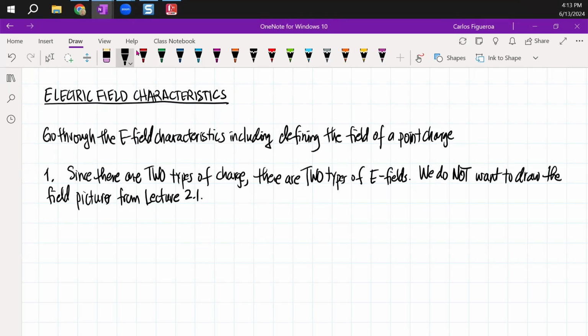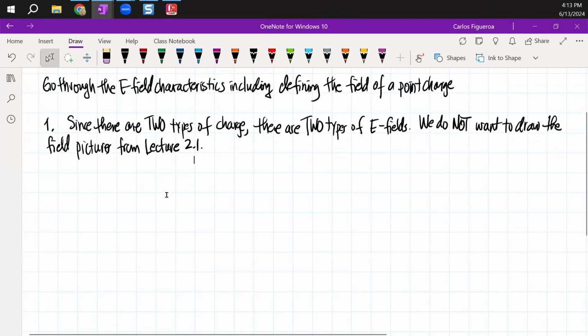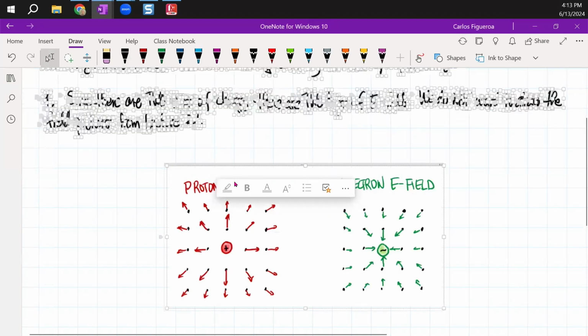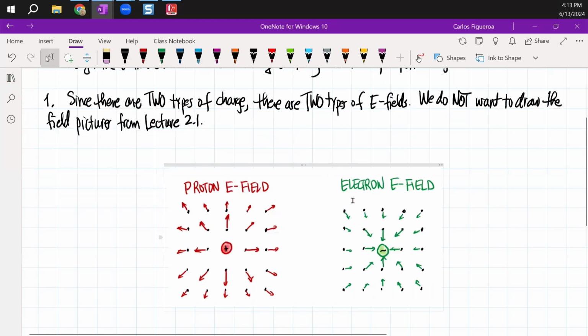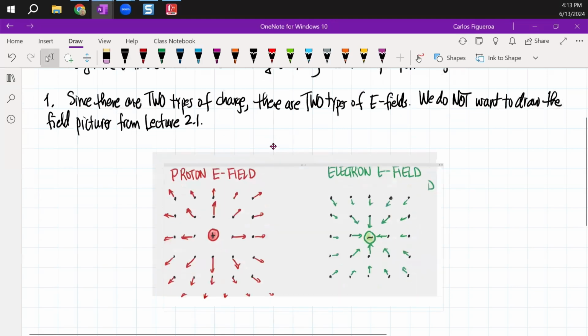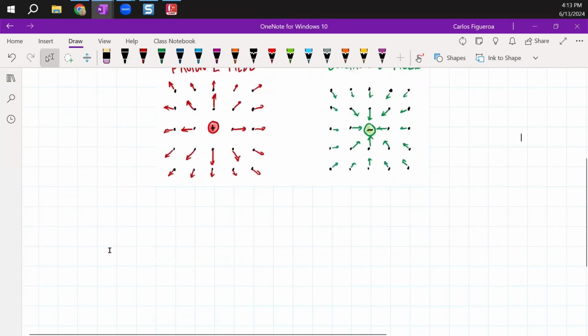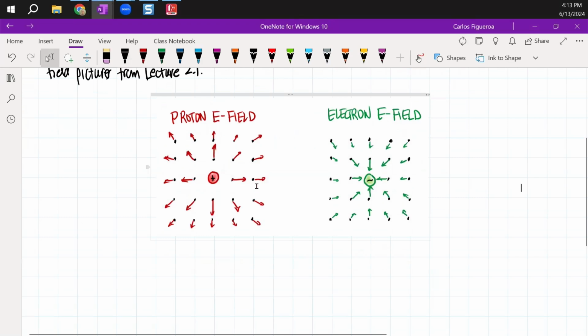That's just crazy. So if I just have images of them, I'm going to just put them right in here. I don't want to draw these. That's painful, and it's not useful either. So we need a better way of drawing electric fields.